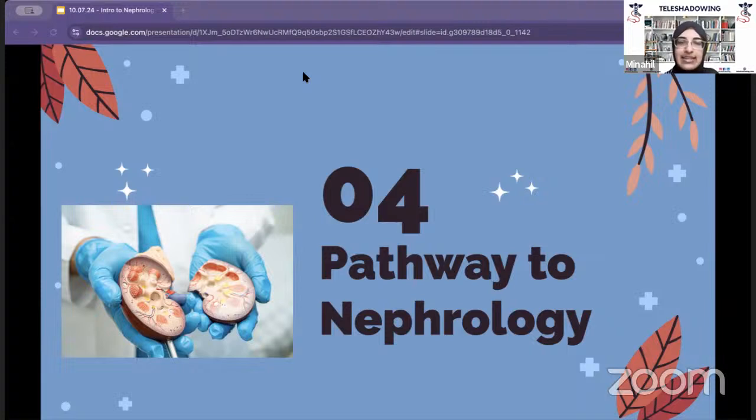Remember, the kidneys play a vital role in filtering blood, regulating fluids, electrolytes, and acid-base balance, which we haven't talked about yet, and also removing waste products. Each nephron works as a tiny processing unit, ensuring that only the necessary substances are kept, while the unwanted ones are excreted as urine.